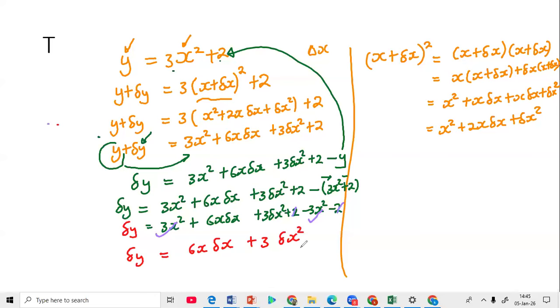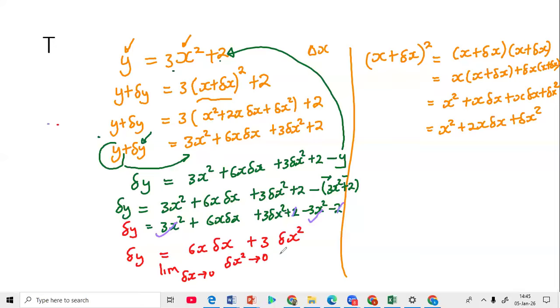Now, the moment you reach here, then that's when you are going to bring in the idea of limits. So we are going to say now, our limit as delta x tends to 0. It means that delta x squared will also tend to 0, which is approximately 0.